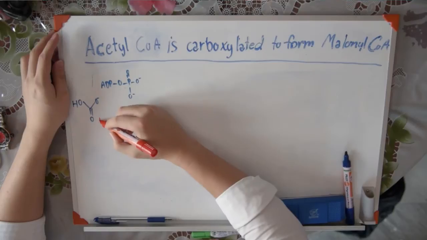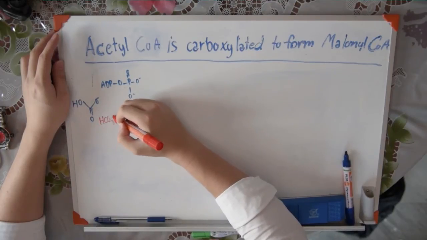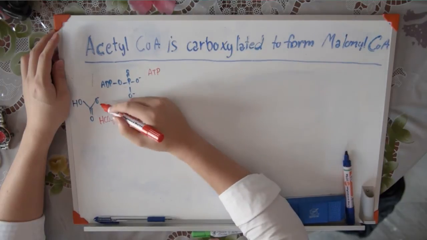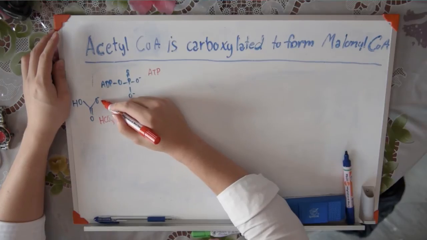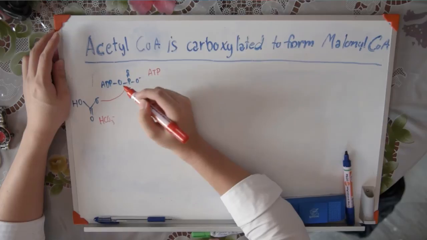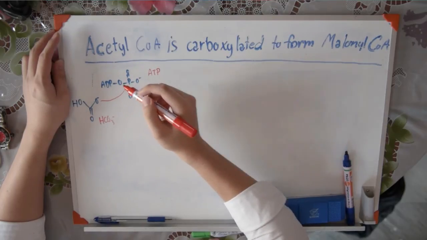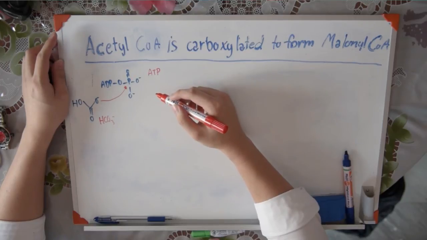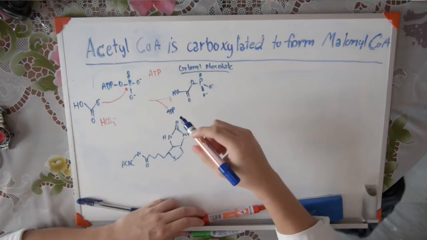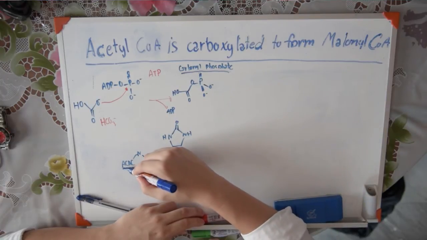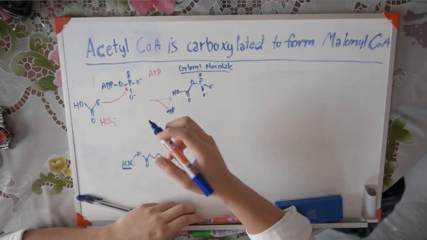These oxygens act as nucleophiles, so the electrons in these oxygens will shift to the strongest electrophile, this phosphorus, giving out the carboxyphosphate.